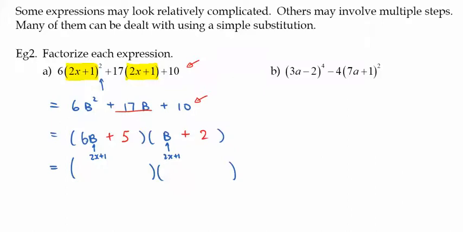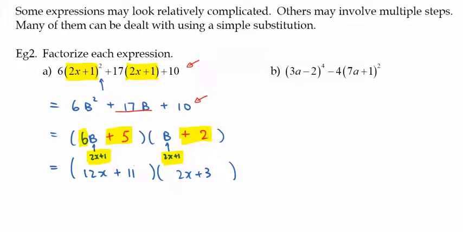When I have 2x plus 1, the 2x plus 1 plus 2 will give us 2x plus 3. And then the 6 times 2x plus 1 will give us 12x plus 6, plus another 5. That will give us 12x plus 11. So this is how I will factor this trinomial.